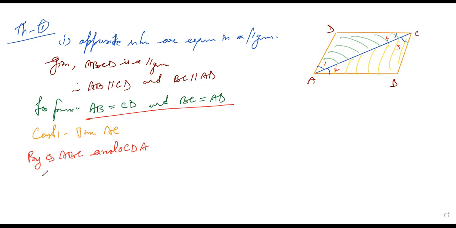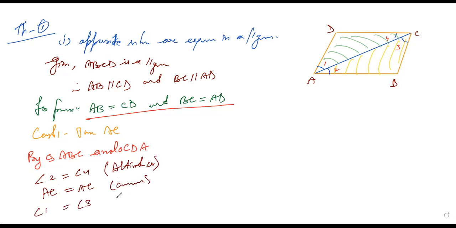So we can say angle 2 is equal to angle 4, because they are alternate interior angles. Then we can say AC is equal to AC, because that is common for both the triangles. And then we can say angle 1 is equal to angle 3, again alternate interior angles.